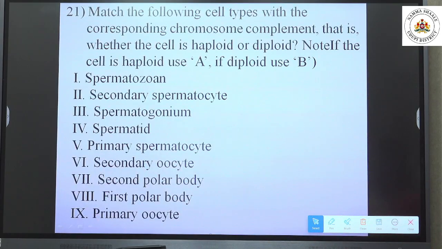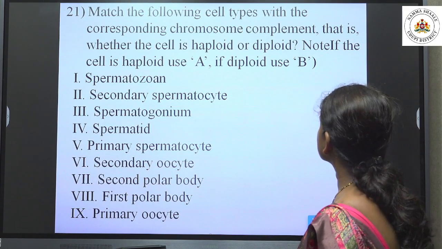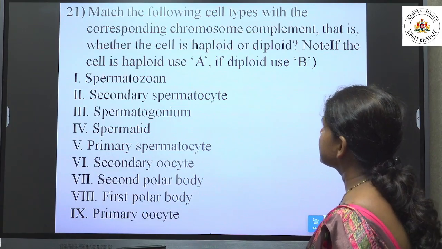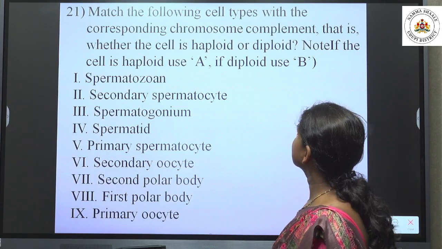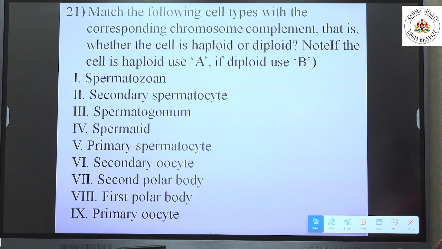Next one is match the following cell types with the corresponding chromosome complement, that is whether the cell is haploid or diploid.